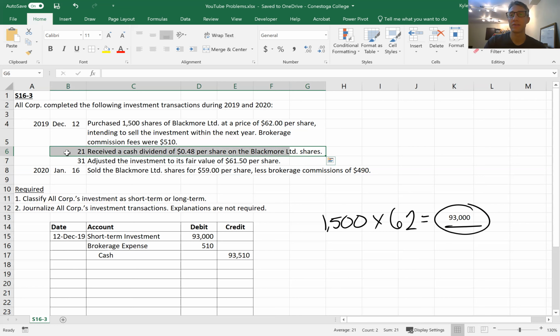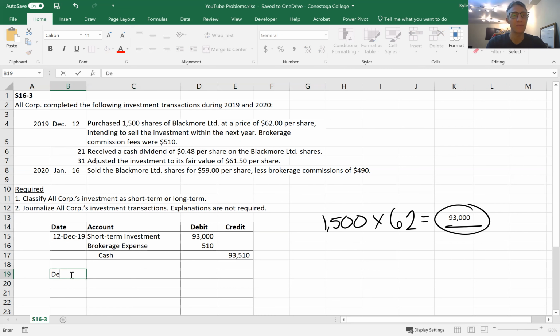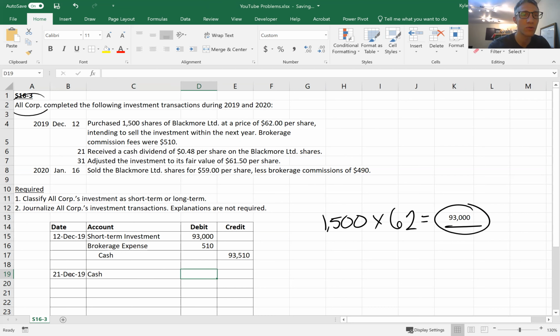This is from the investor's perspective. So remember, they bought the shares, they are receiving the dividend. Because they are receiving the dividend, cash for them is going to go up. So on December 21st, 2019, cash is going to go up for Allcorp in the amount of 48 cents per share, multiplied by the 1,500 shares that they purchased.